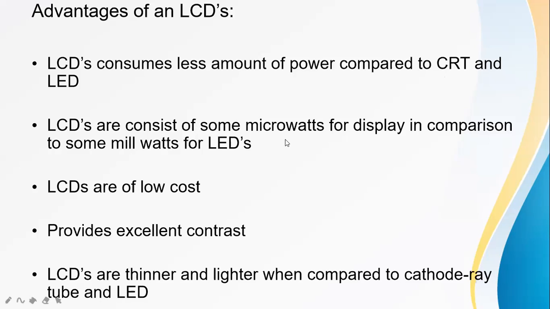LCDs consume some microwatts for display, in comparison to milliwatts for LEDs. And the cost is also less compared to LED. LCDs provide excellent contrast, and are thinner and lighter when compared to CRTs and LEDs.